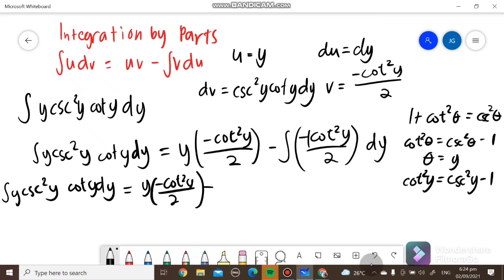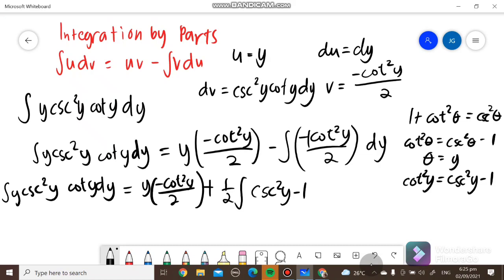So, what will happen here, it becomes plus, 1/2 the integral of cotangent squared y. Okay? So, since cotangent squared y just means this, we can substitute this one. So, instead of cotangent squared y, we can put cosecant squared y minus 1.